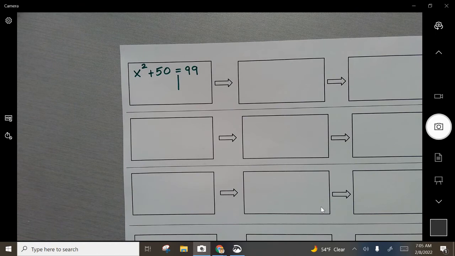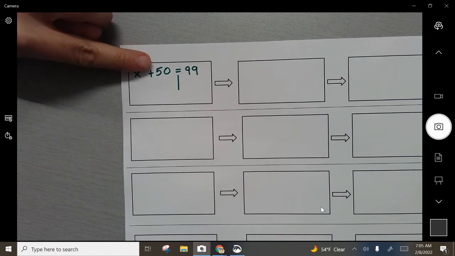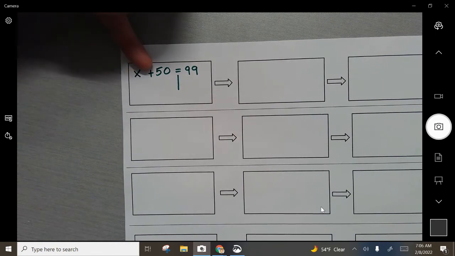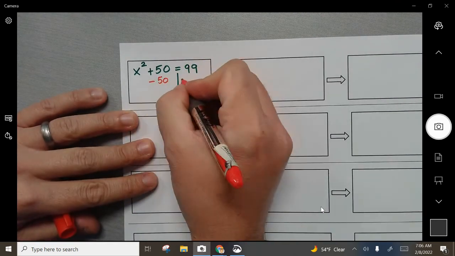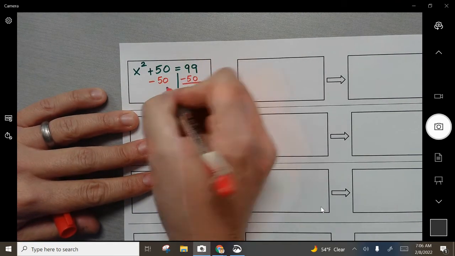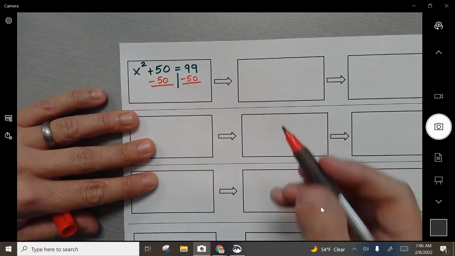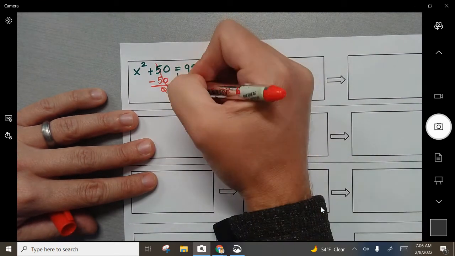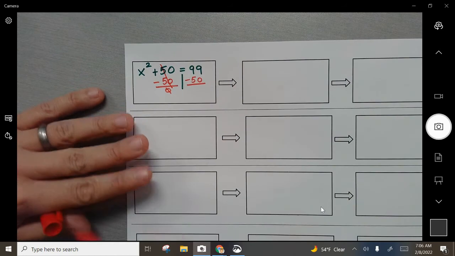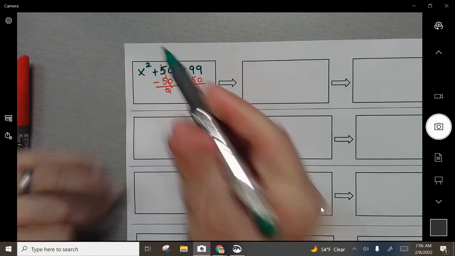Your first step, you see the squared. I want you to treat the equation like there's no squared there, okay? So your first step would be subtract 50 to both sides, okay? When you do that, that cancels this out, right? This is gone. And what do you have left? You're going to bring this down.